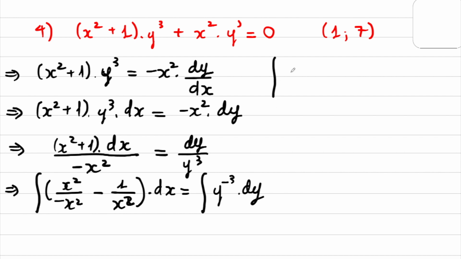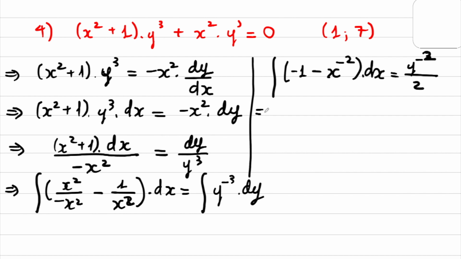After that, the first bracket is minus 1 minus x to the power of minus 2 dx, and the other side I will integrate immediately. Y to the power of minus 3 gives minus 2 divided by 2, like here.